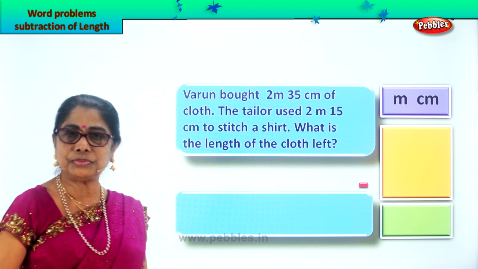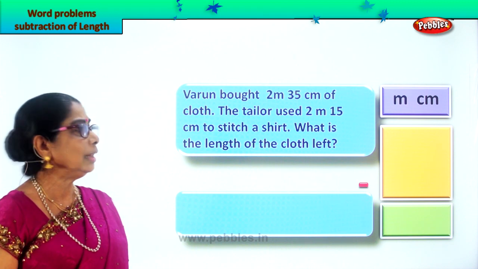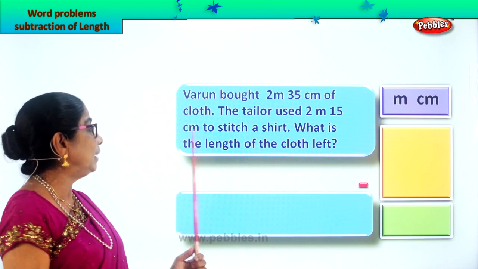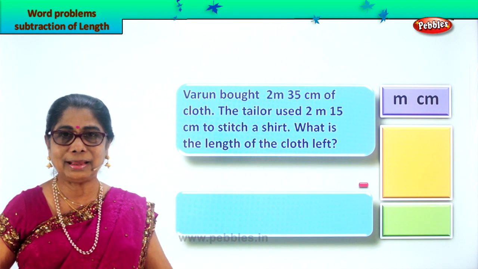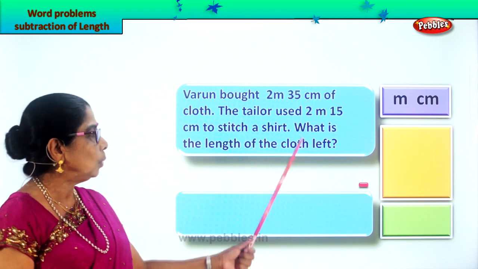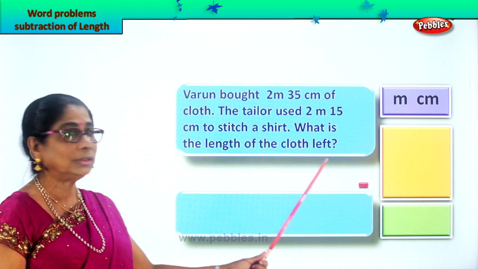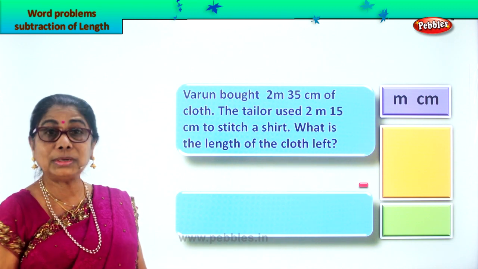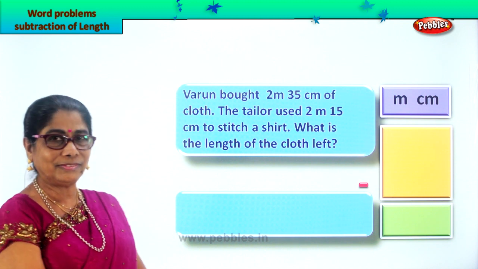So he gives it to the tailor and the tailor uses 2 meters 15 centimeters to make a lovely shirt for Varun. Question: What is the length of the cloth left?